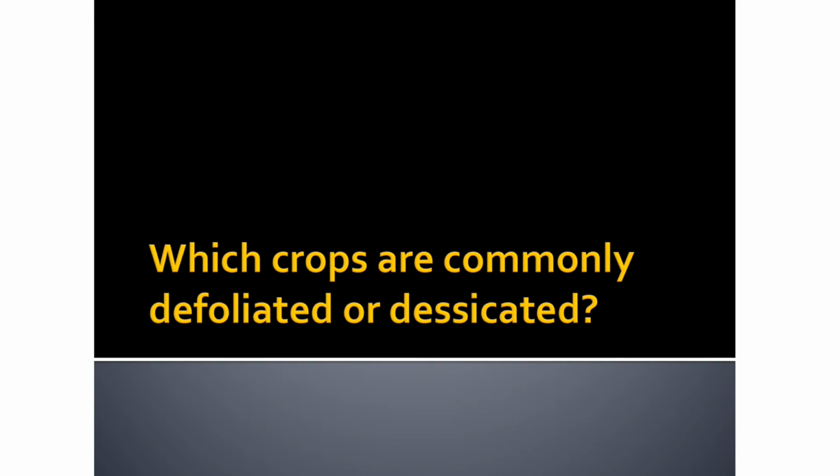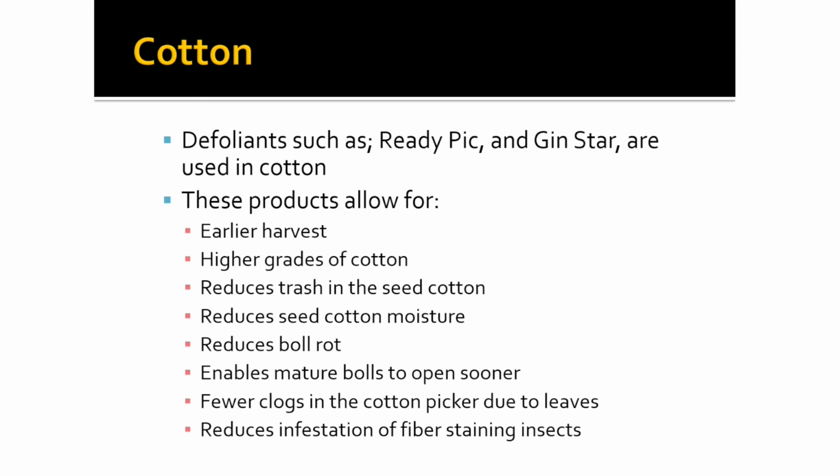So which crops are commonly defoliated or desiccated? Cotton. And we do what we call a pick spray. It allows for earlier harvest, reduces seed cotton moisture, reduces boll rot, and enables mature bolls to open sooner. The bolls are these kind of round spheres where the cotton grows inside.